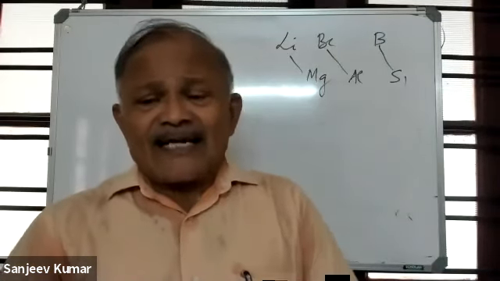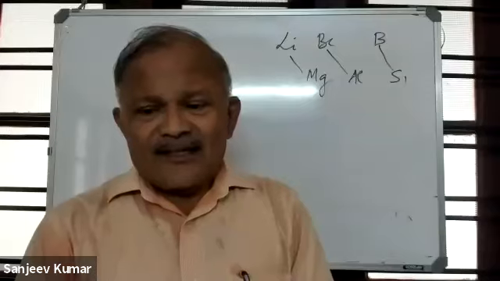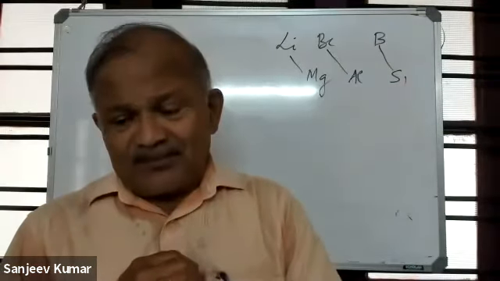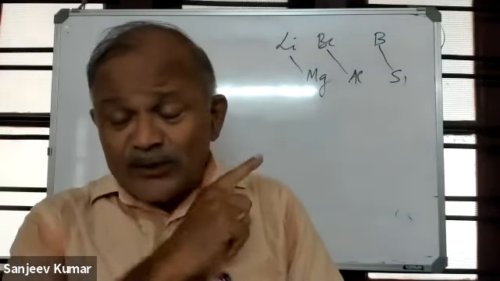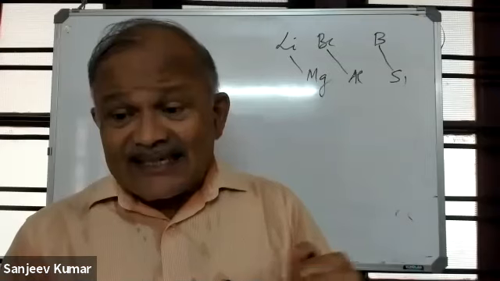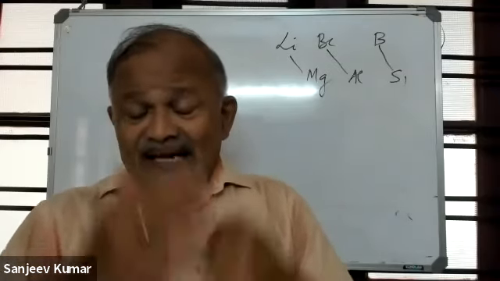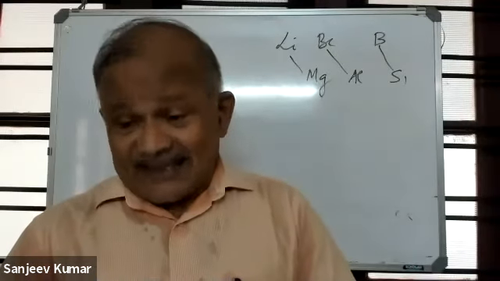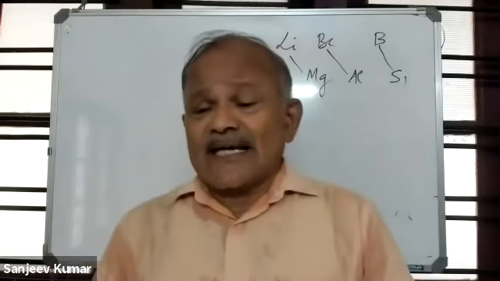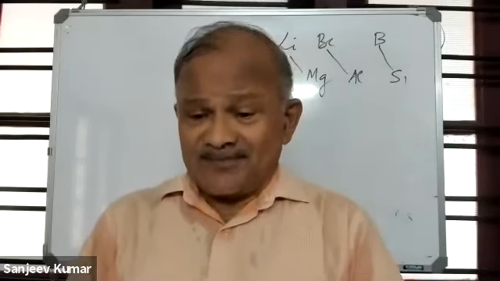Why does this diagonal relationship arise? There are various reasons. One is that across the period, from left to right, the size decreases, and down in a group, it increases. Therefore, the diagonally related elements have almost the same size.